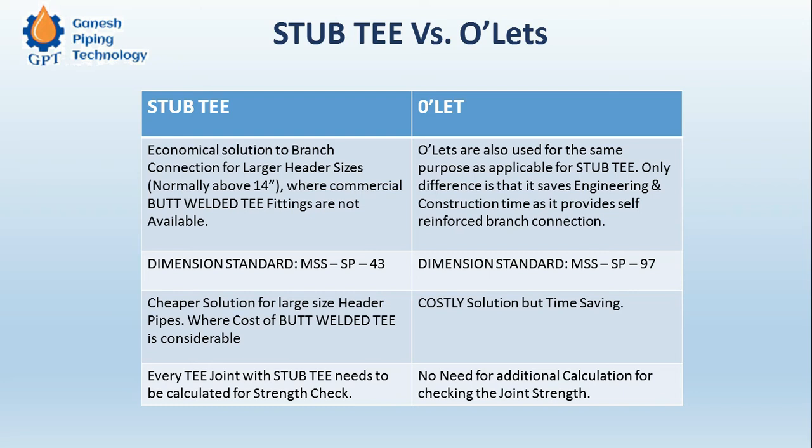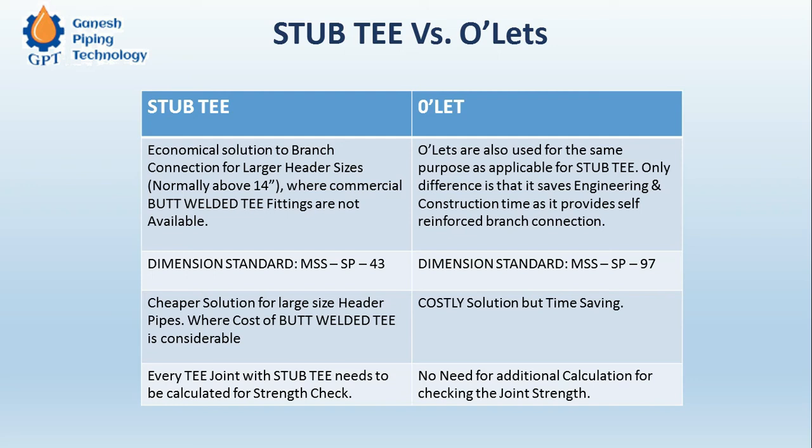Then the dimension standard for stub T is MSS SP43, whereas for the OLED it is MSS SP97. The long form of MSS SP is Manufacturers Standardization Society Standard Practice. It is an American body.